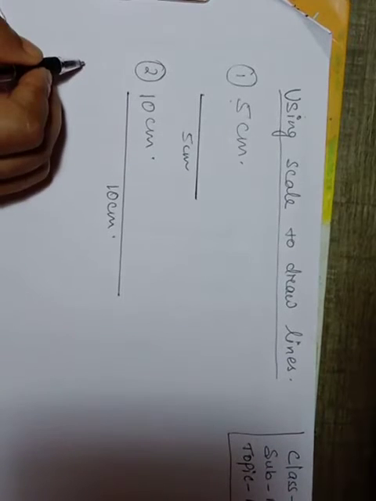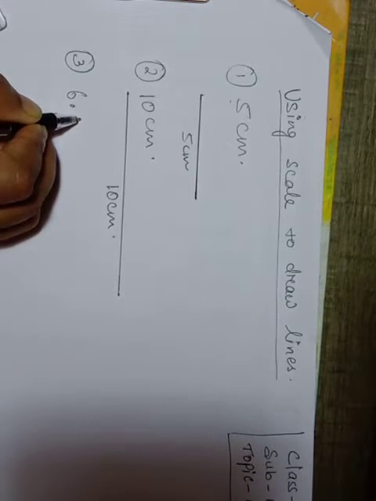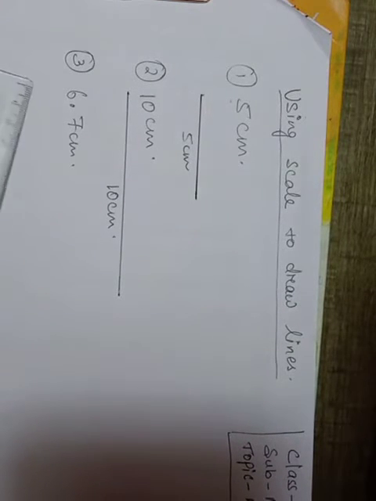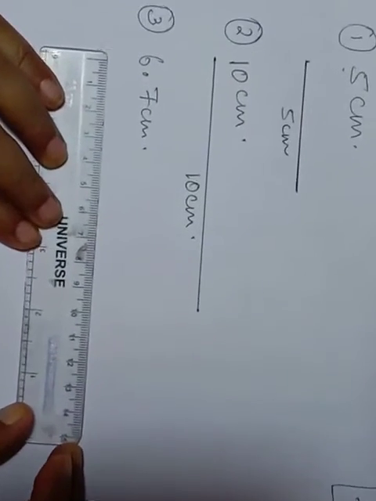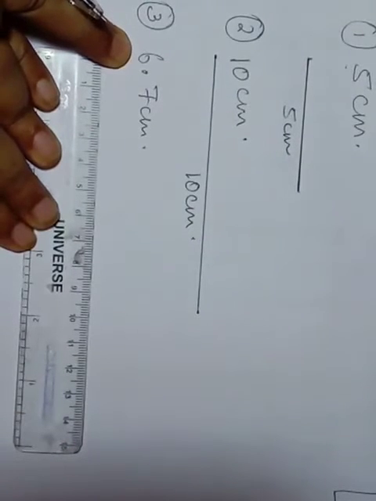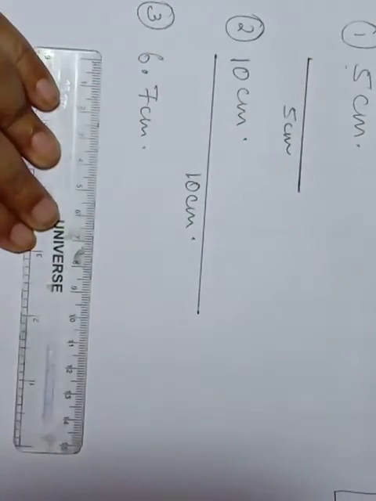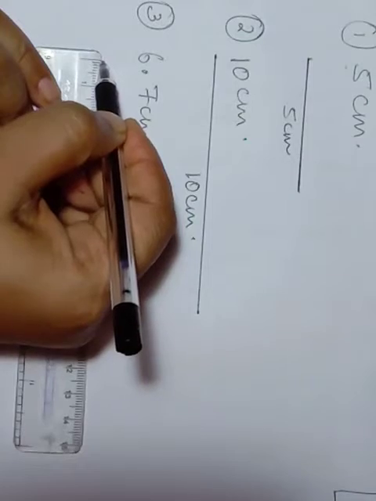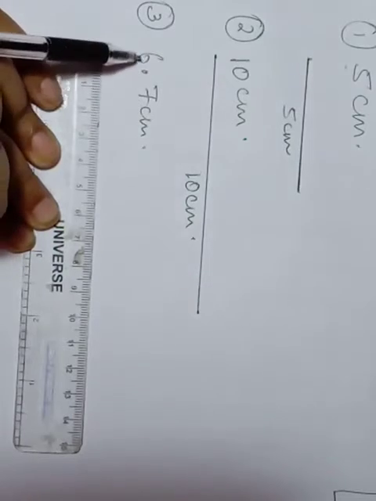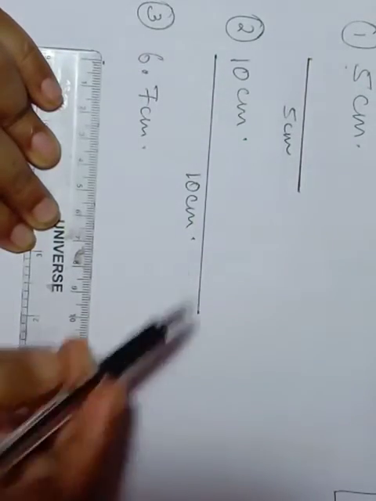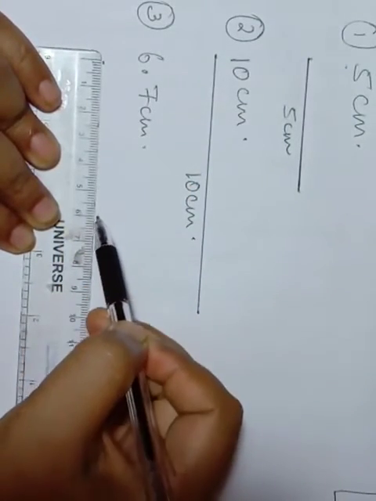Now if I go for 6.7 centimeter, how to do it? Everything is the same, only the point is a little different. We will go up to 6. 0 1 2 3 4 5 6, finish.